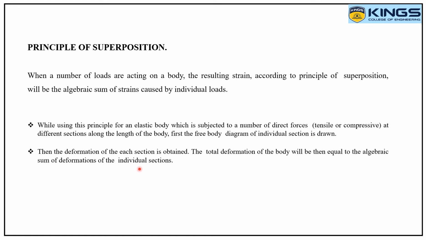Then the deformation of each section is obtained. The total deformation of the body will be equal to the algebraic sum of the deformations of the individual sections, as we had seen in the different cross sections, del L1, del L2, del L3.